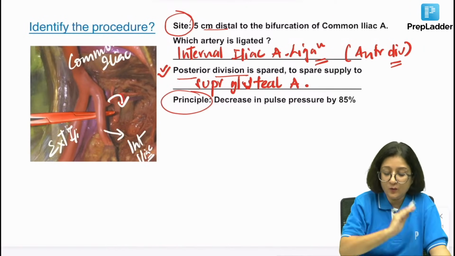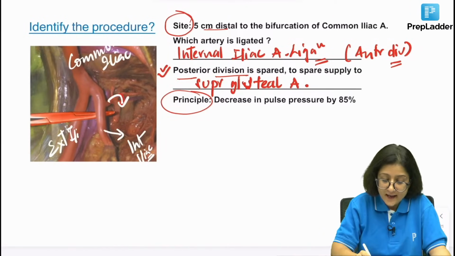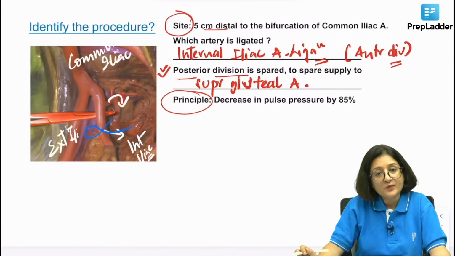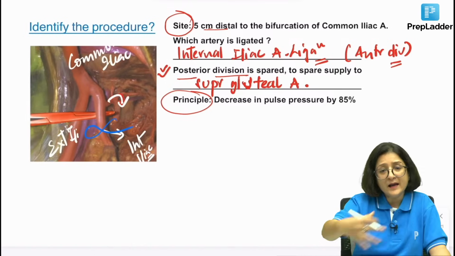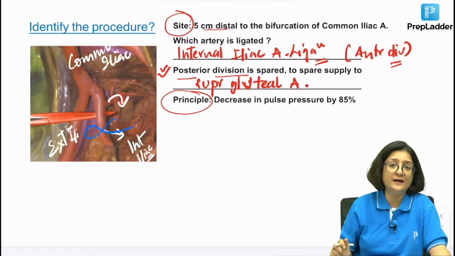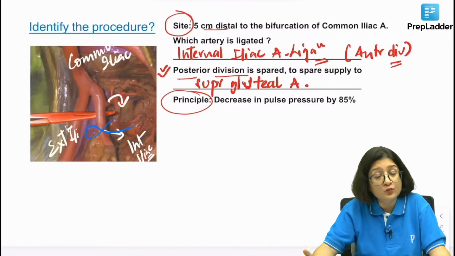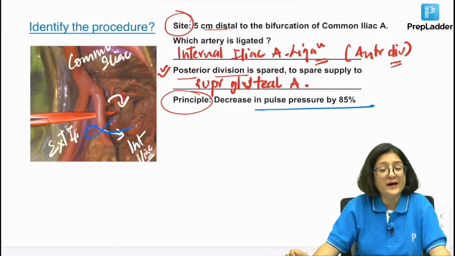Now the principle why this procedure works is that when we put in a ligature here, the blood flows distal to the ligature. Distal, in the anterior division of internal iliac artery branches, it slows down. The pulse pressure decreases by about 85%.